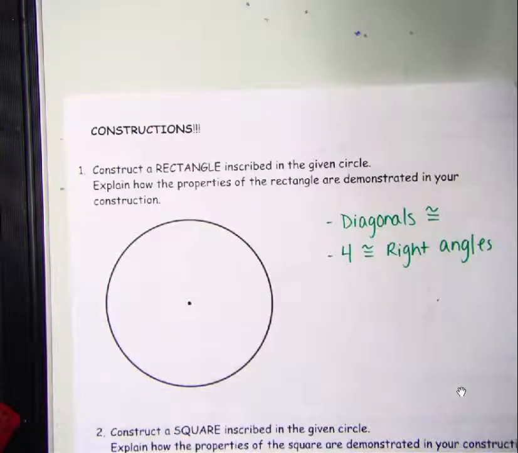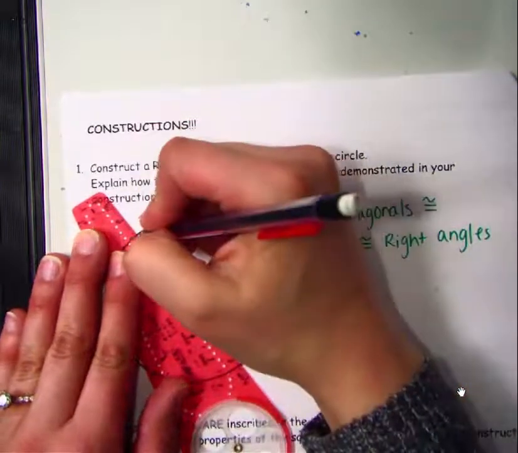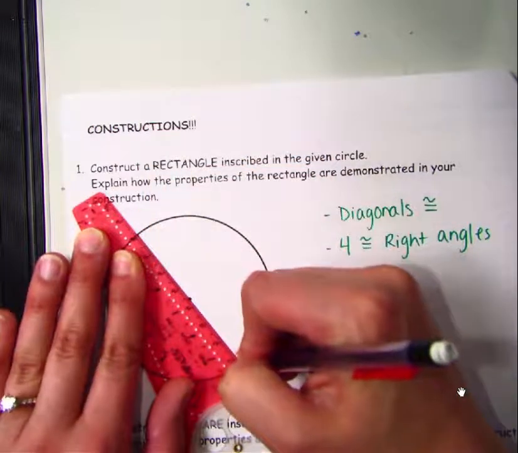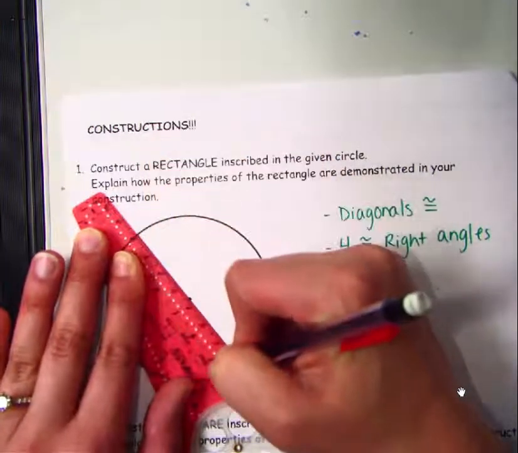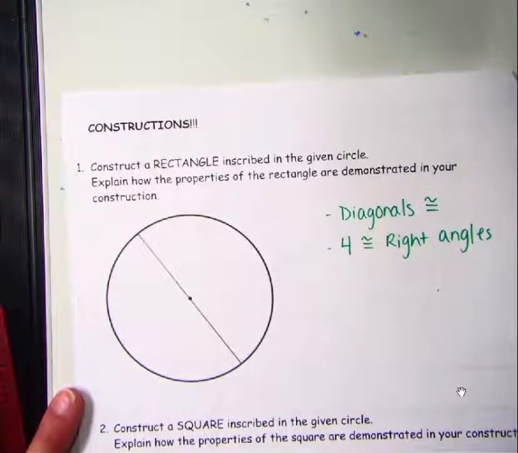So the first thing that you want to do is go ahead and draw one of those diagonals. Now the diagonal of the rectangle is actually going to be a diameter for the circle. When you draw a diameter, what you're doing is you're making a semicircle.